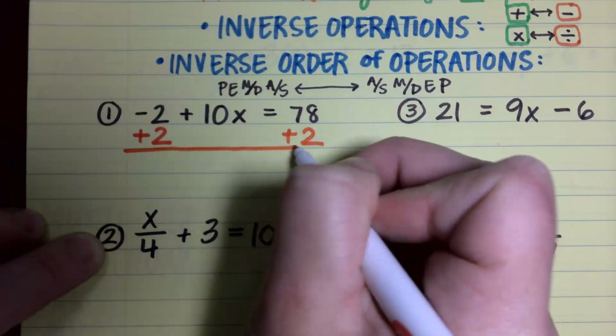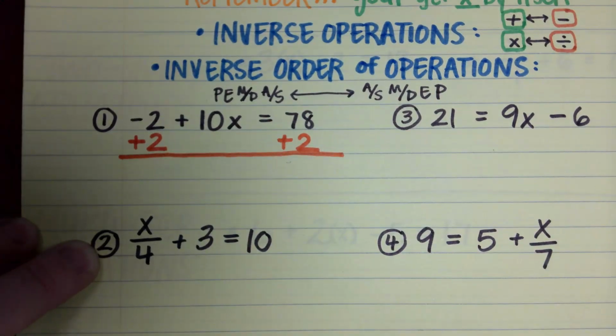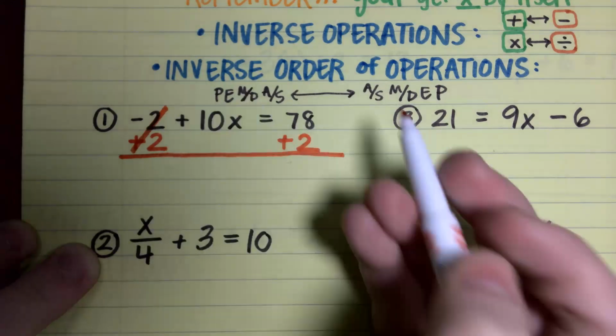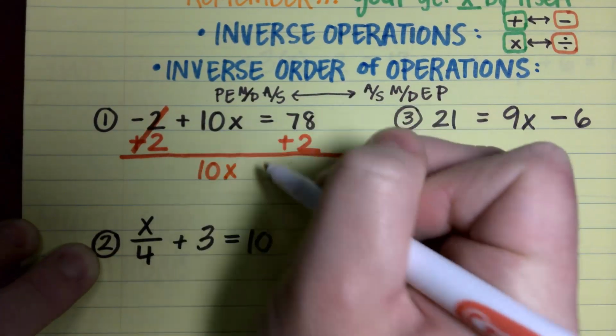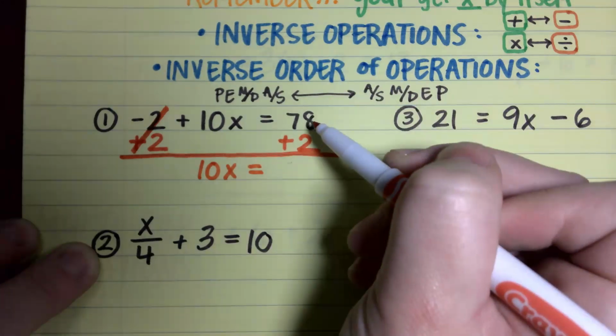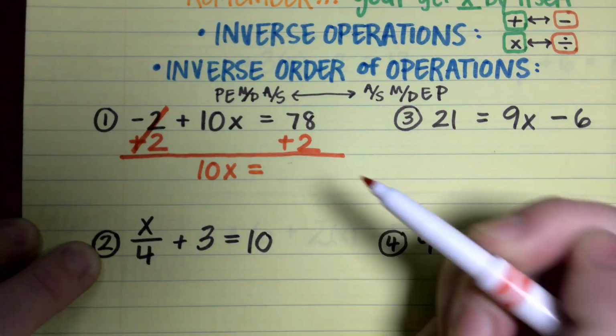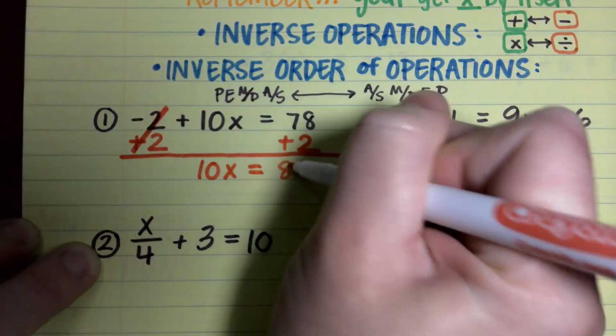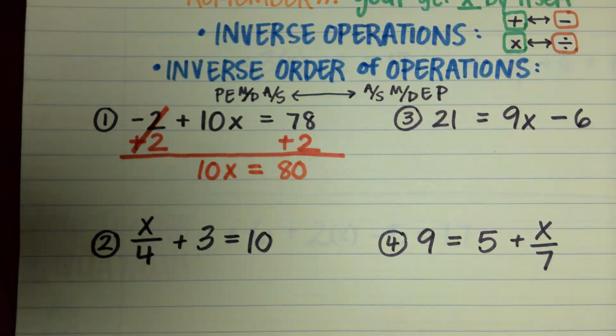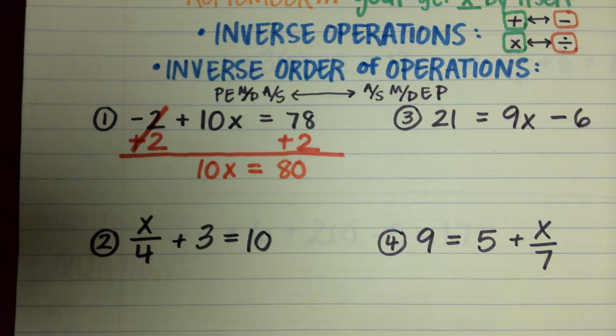So then we're going to draw our line. Yes, my 2's are going to cancel. And then I'm going to go ahead and bring everything down. 10 times x equals, now what's 78 plus 2? 80. Good. Very good. Okay, so we just finished our first step.